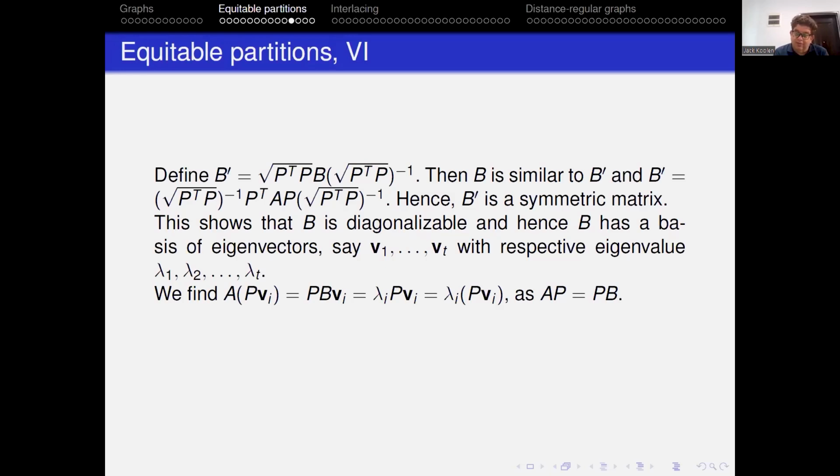And because the eigenvector for B, we get that lambda i times P v_i.